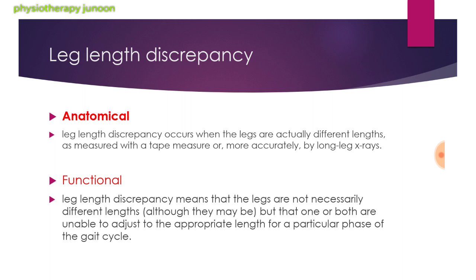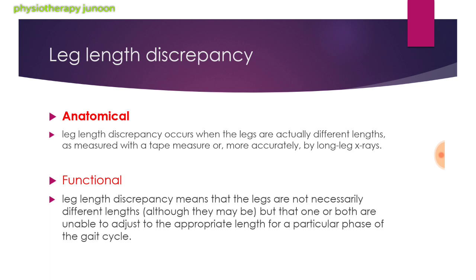Four gait abnormalities are included in this, like circumduction, hip hiking, steppage, and vaulting. They are closely related in that they are designed to overcome the same problem as functional discrepancy in leg length. Before we see the conditions, let us see what functional discrepancy is.